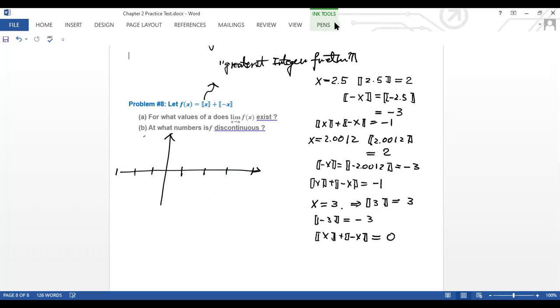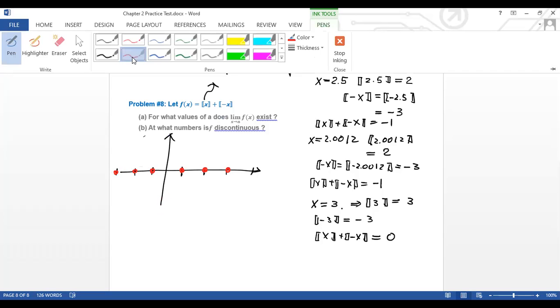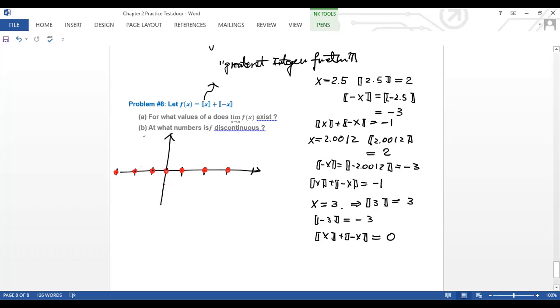If it's a whole number, the value is going to be 0, and for all the numbers in between it's going to be -1. So basically, this is what my function looks like.